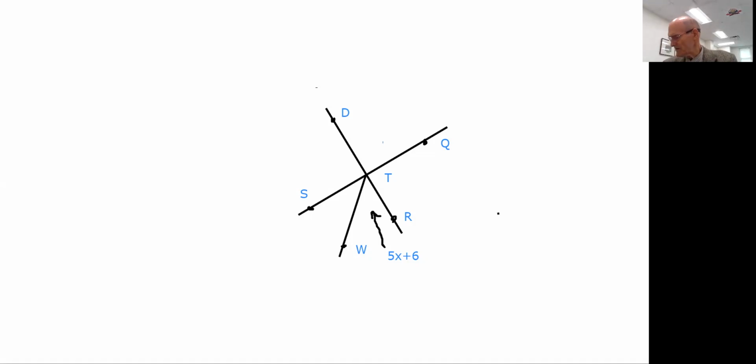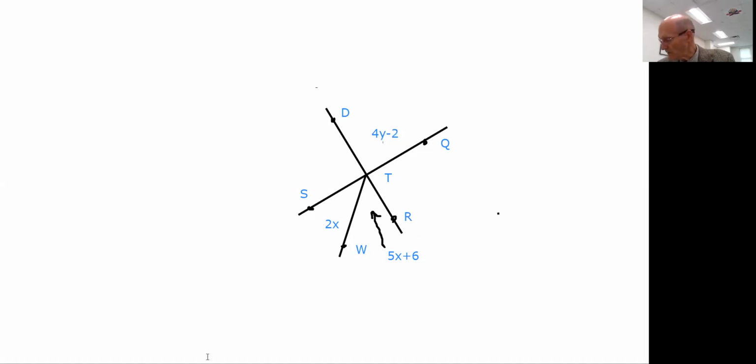And it tells us that this angle right here is 2x. So we put a 2x in there. That's that angle. And then this angle up here is 4y minus 2.